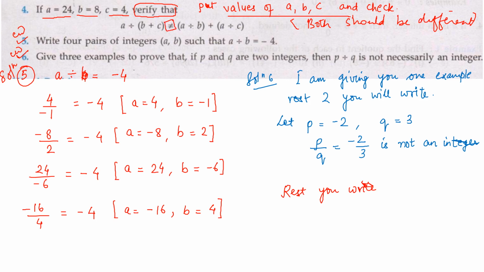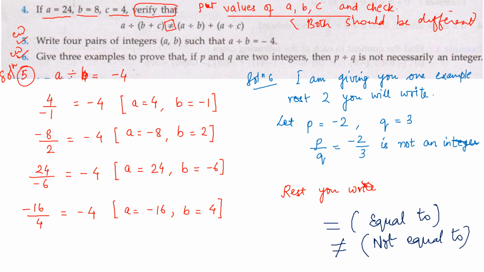When I talk about this symbol that stands for equal to, it means LHS should be equal to RHS. This symbol stands for not equal to. So your LHS and RHS should be different. Fifth and sixth are done here as your classwork.